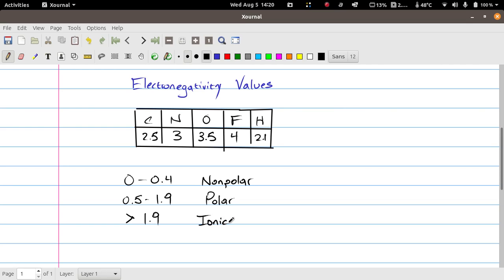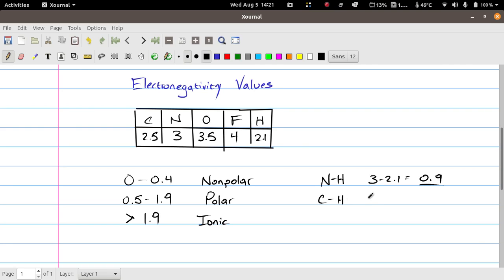So anyways, I'm going to give you two quick examples. So we have NH and we have CH. So the way you would do this is, for NH, you would have 3 minus 2.1. So this would be the polarity or electronegativity value for that specific bond.